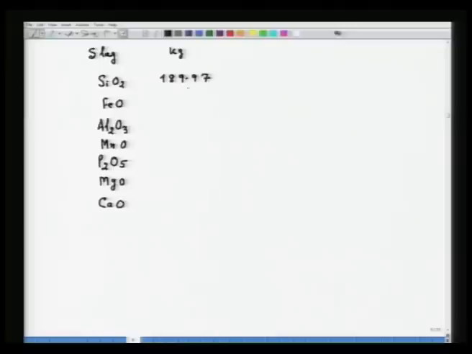SiO2 189.97, FeO 6.00, Al2O3 94.30, MnO 5.10, P2O5 8.40, MgO 24.53 and calcium oxide 229.00.